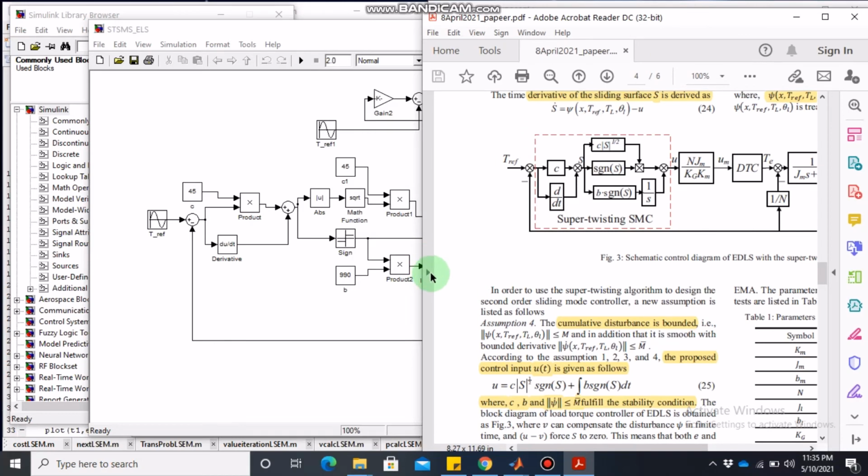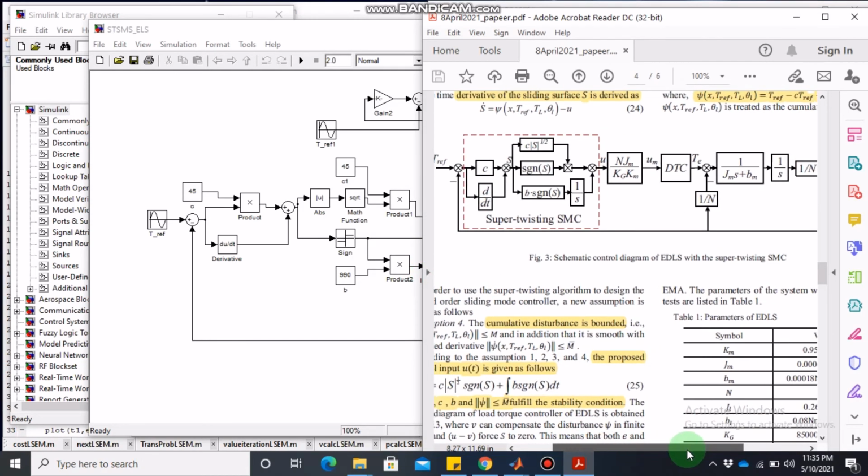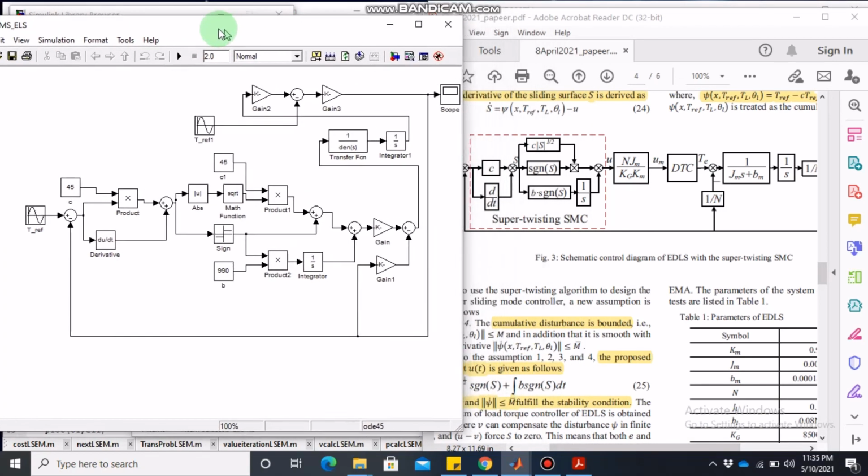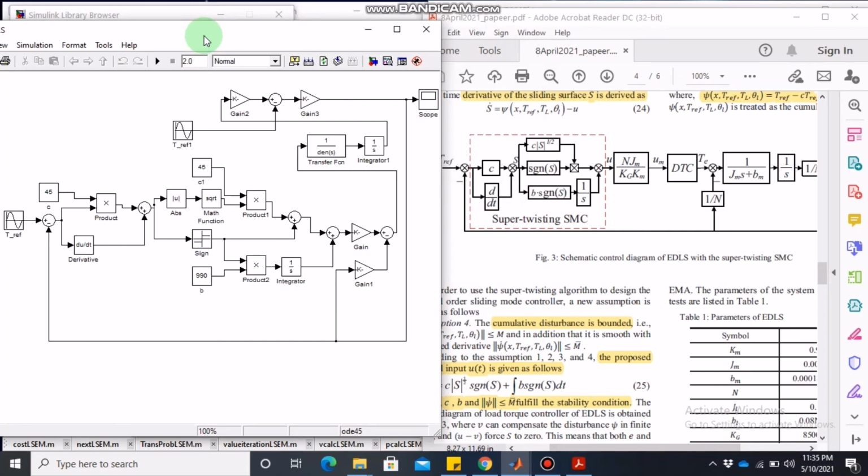So we have this model here and this model here. First of all we have this tau ref here, and then this is being subtracted from its actual value, and then we have this constant c, which is 45.